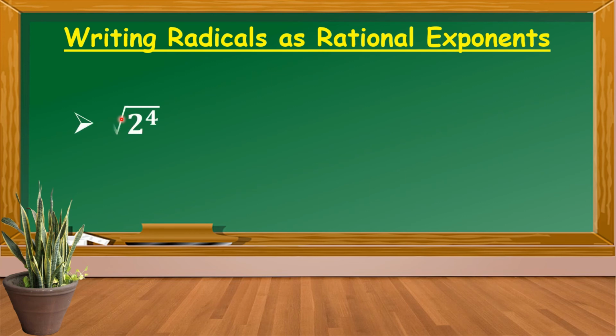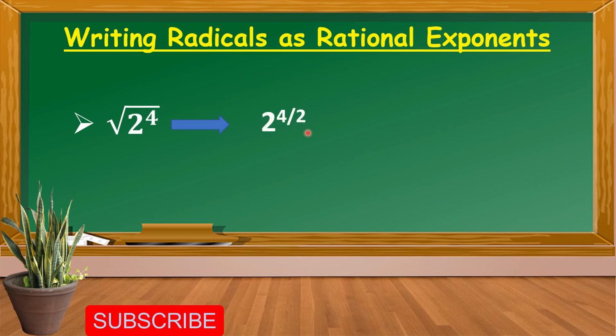Next example. The square root of 2 to the power of 4. Our radicand is 2, our exponent is 4, our index hindi sinulat, it means our index is 2. So, what is the rational exponential form of this radicals? That is 2 raised to the power of 4 over 2.